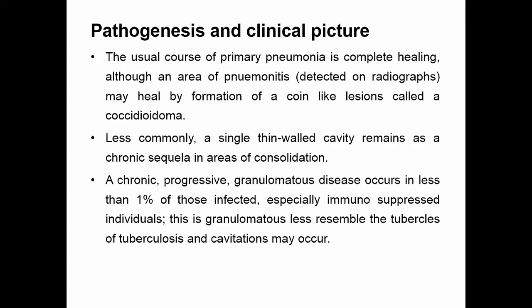Wherever the pneumonia is happening, it is usually detected by radiographs: we go for a radiography and then find out the pneumonia. Nowadays we also use a CT scan or the like, right?